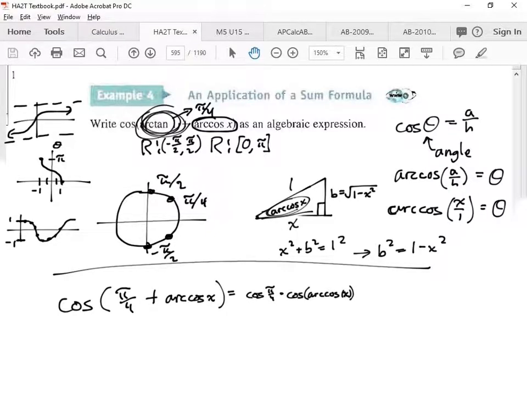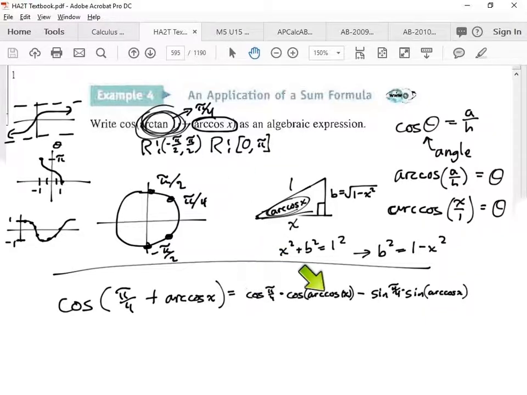And then we have to subtract, because it says add, and our formula says we need to subtract. Then we have sine of pi over 4 times sine of arc cosine of x. Now, what is arc cosine of x? It's an angle. Don't forget that.